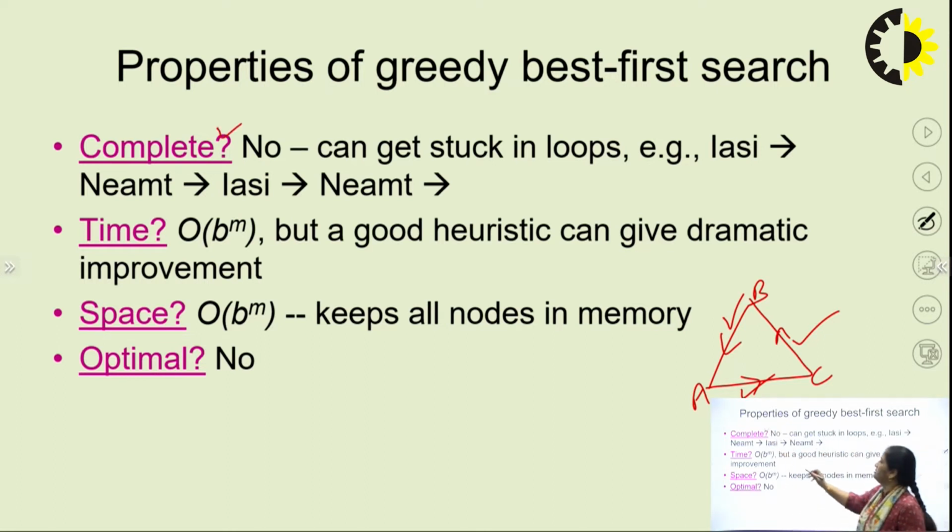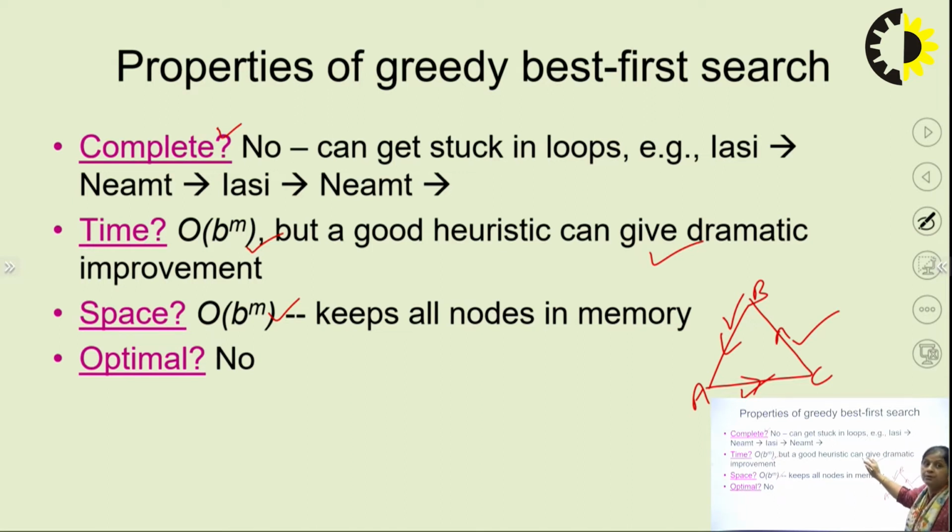The time and space complexity both are exponential in nature, and it depends on the improvement. We can improve this time complexity, but that depends on the heuristic we have taken. After this we will talk about types of heuristic also.